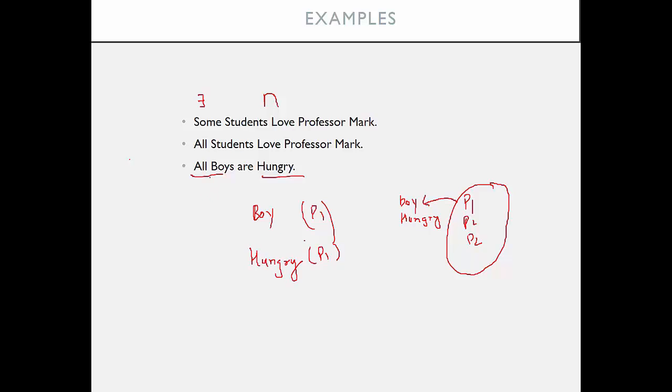So here we saw all, therefore a universal quantifier and an implication are going to be there. How would we write all boys are hungry? It means that for all X, X is a boy, therefore it's going to be hungry.